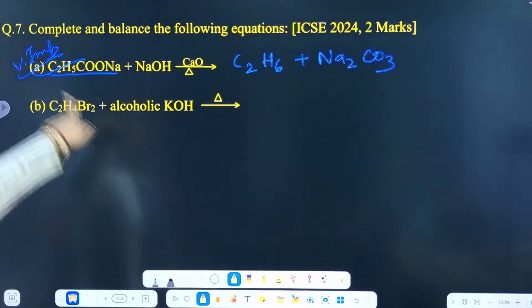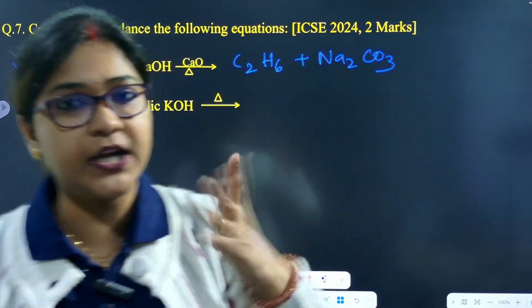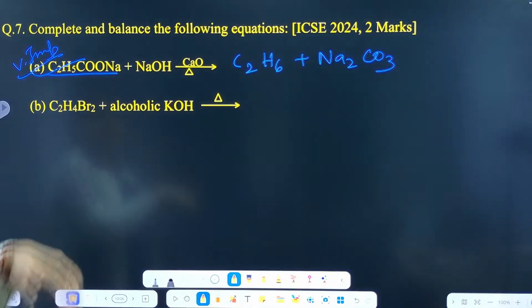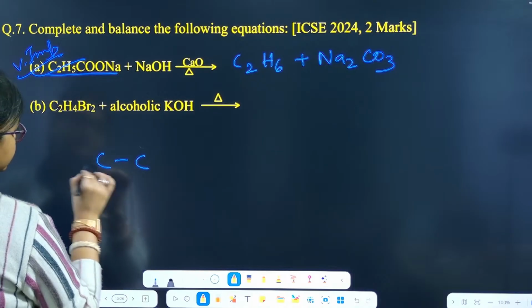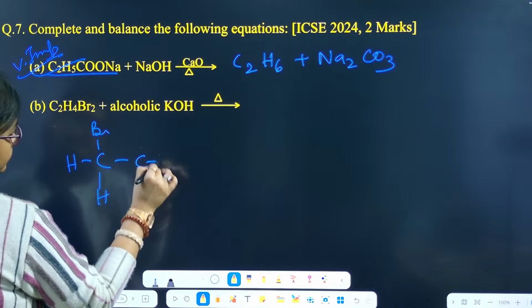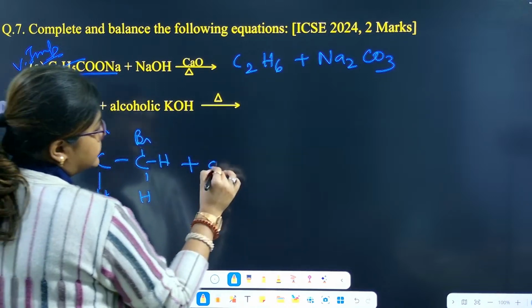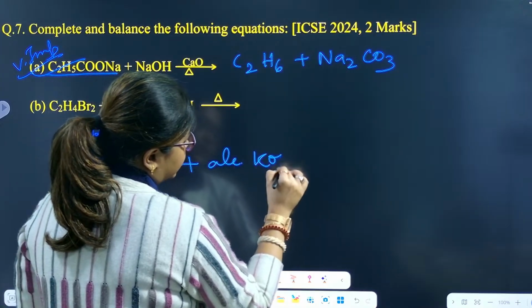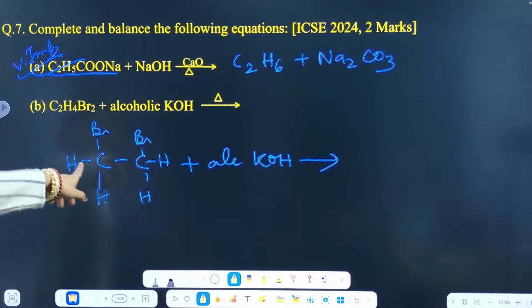Okay, so this question आ गया 2 consecutive years में. Next देखो, CH2Br. इसके साथ अल्कोहलिक KOH अगर तुम रिएक्ट करते हो तो ये क्या हो जाएगा?